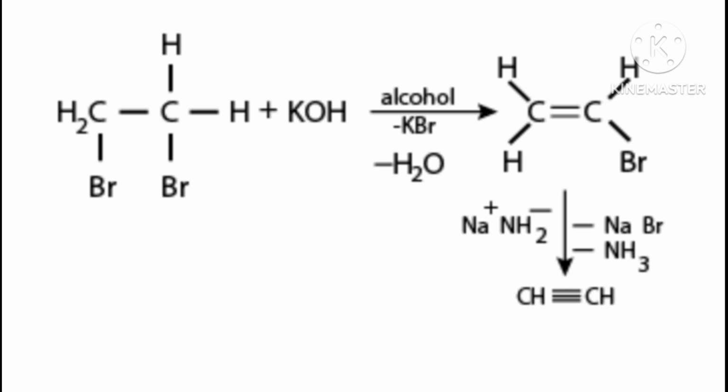But in alkane and alkene it was not happening. This liberation of hydrogen gas shows that ethyne, meaning acetylene, is acidic. Alkyne is acidic in nature. Okay, why does this happen? Now I am telling you.